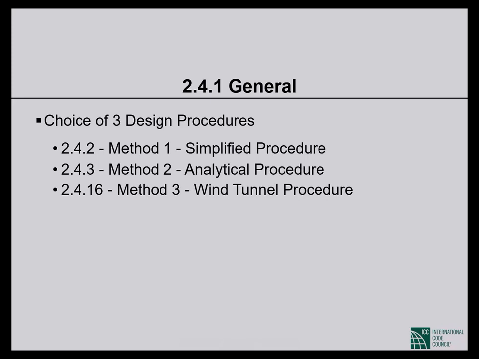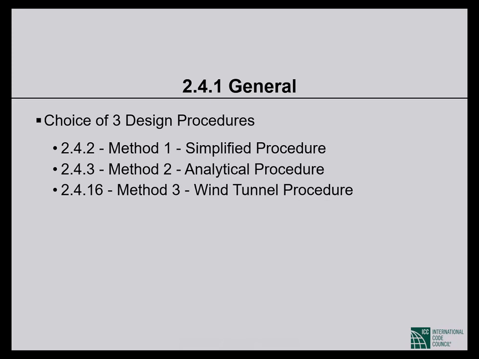There is a second method that is a much more recent entry, that is a low-rise analytical procedure that came from testing sponsored by Metal Building Manufacturers Association done at the wind tunnel at the University of Western Ontario in London, Ontario.